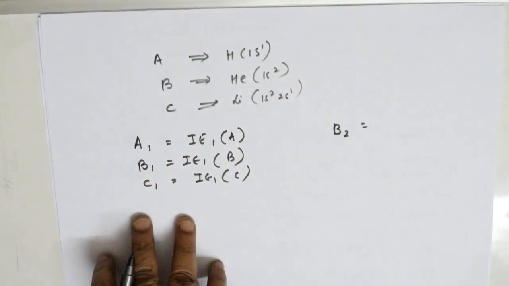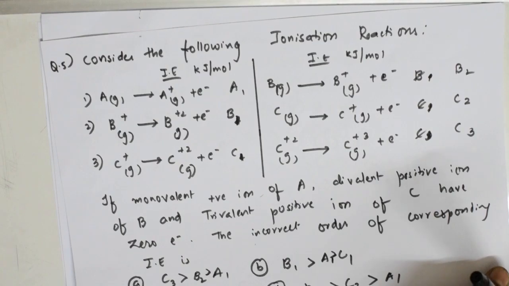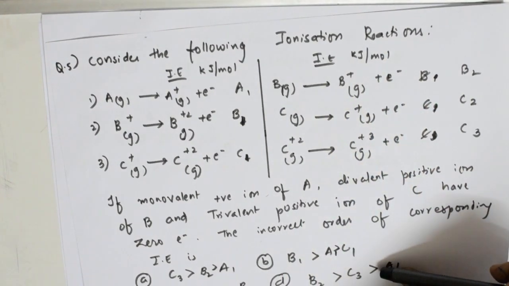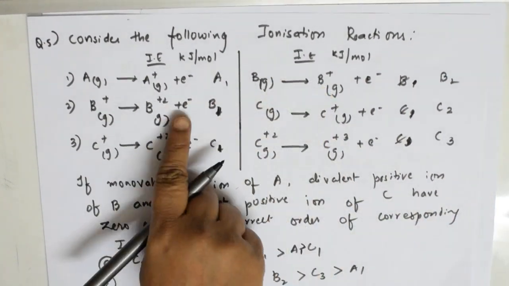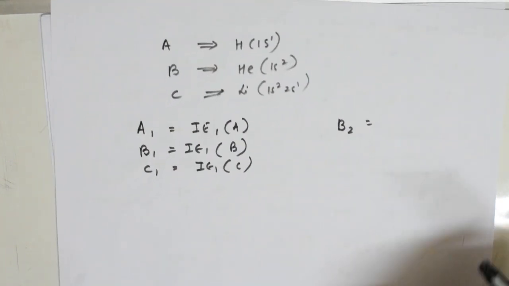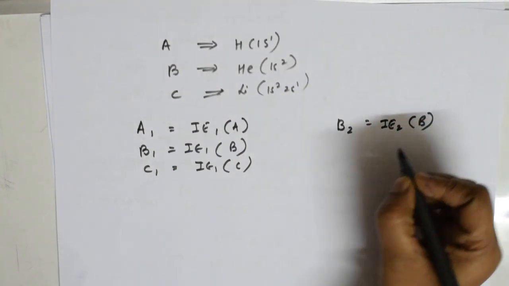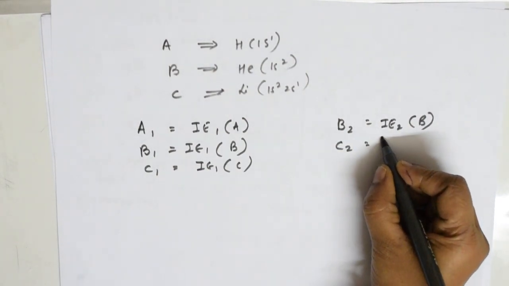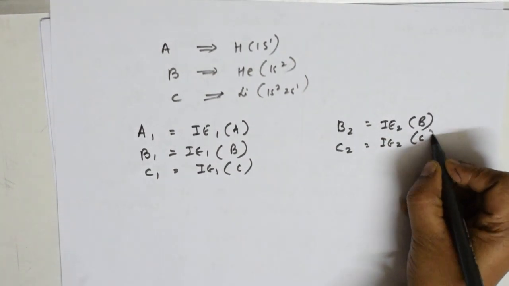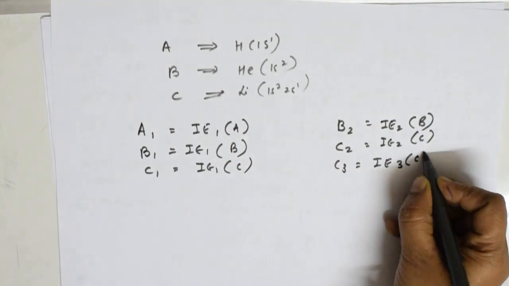B2, if I have to check again, turn back the page and check. This is second ionization energy, because already it has lost 1 electron here. That is the second ionization energy for everything, right? So B2 is IE2 of B, and C2 again it is IE2 of C, then C3 it is IE3 of C. This is fine.